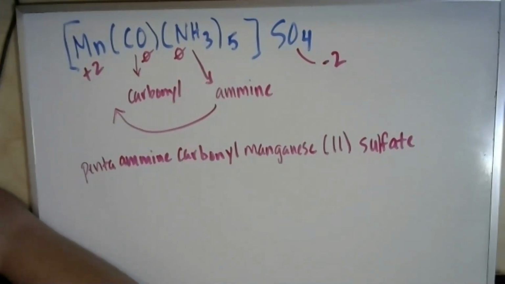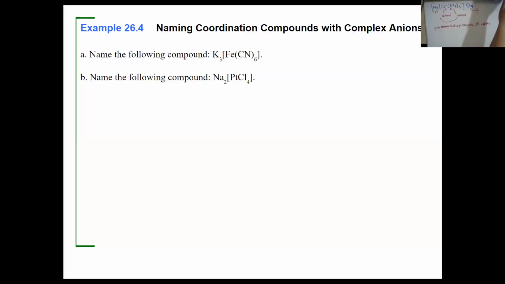So now we can take a look at the complex anion naming. So you can see how it's a little bit different. It's a very small change. You're just going to be altering the very end of your metals for the complex anions. That's it though.